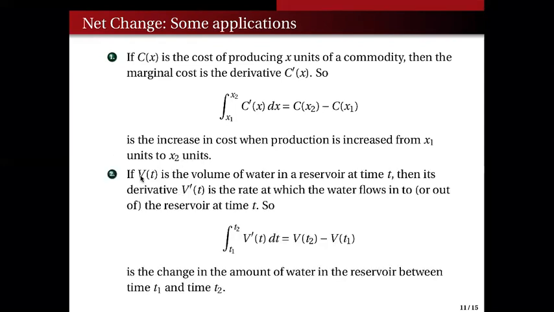Another one here. If V of t is the volume of the water in the reservoir at time t, then its derivative V prime of t is the rate at which the water flows into or out of the reservoir at time t.